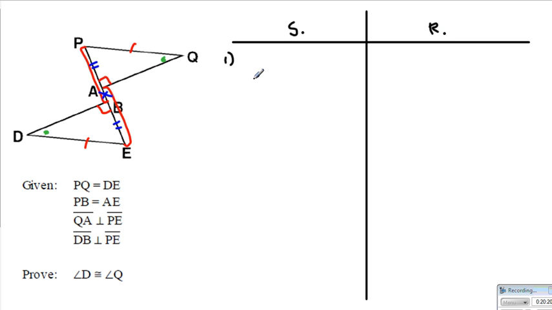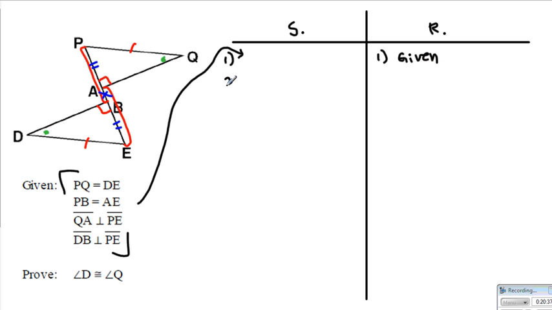The first one, after all those givens are written, number two. Let's talk about the portions where we reason things out. Let's start with the right angle.